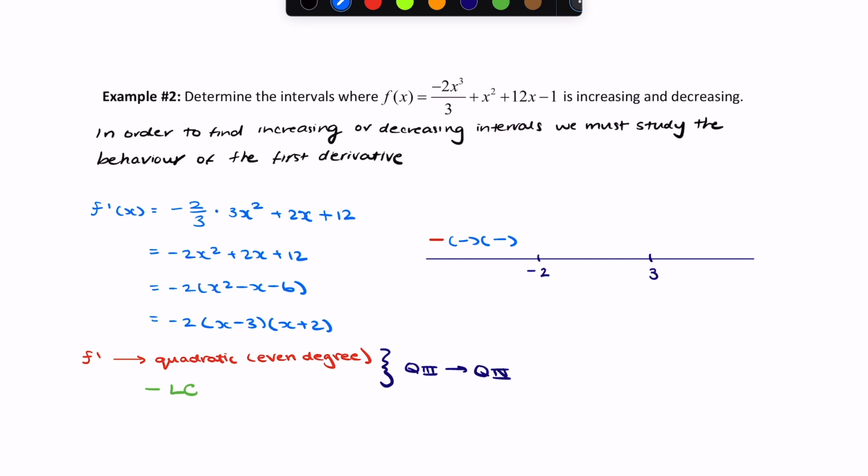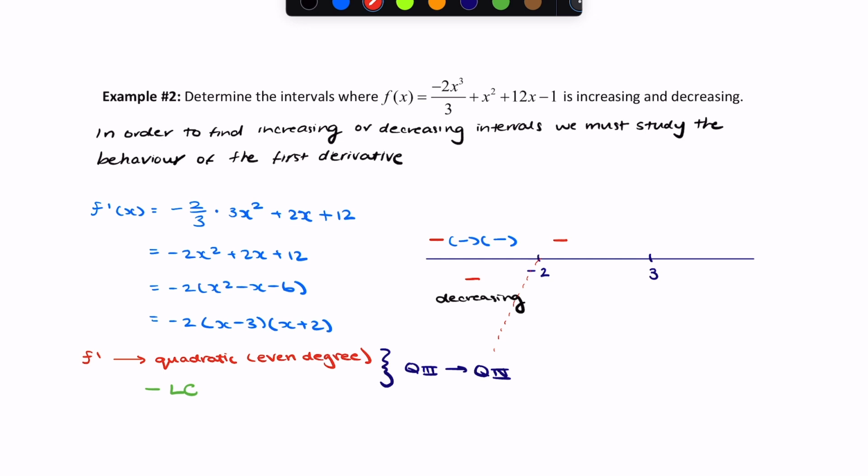Another negative will keep us negative here. So here we see that it would be decreasing from negative infinity to negative 2. So if we draw our parabola here, we can take a look at that.